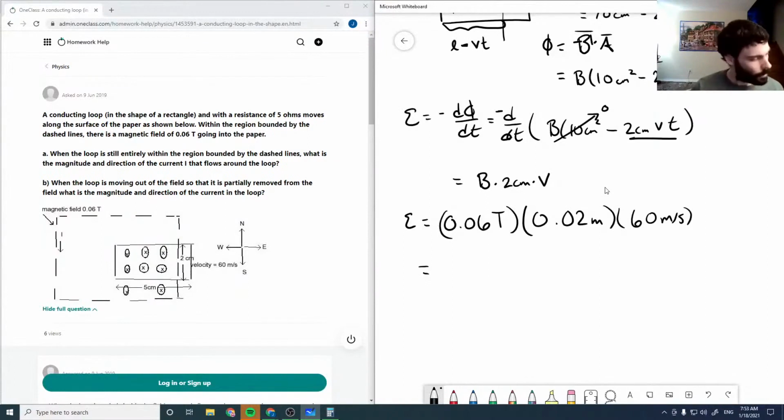Is that right? Oh, it's 0.06 Tesla. For some reason, I did all my calculations with 0.05.